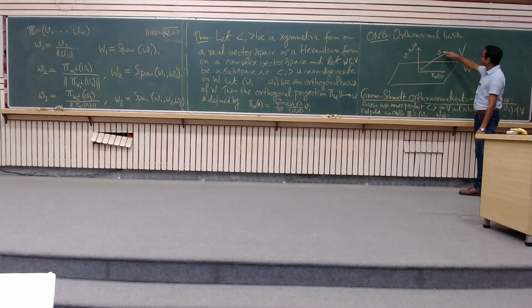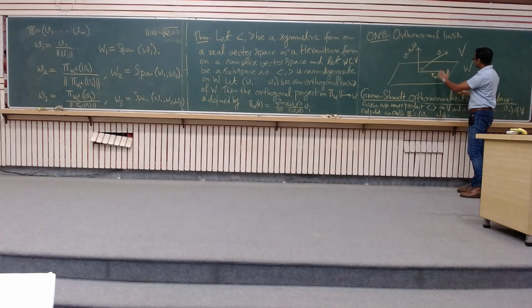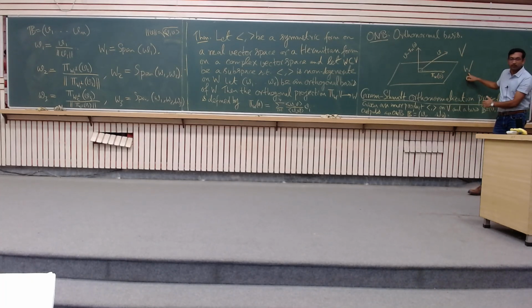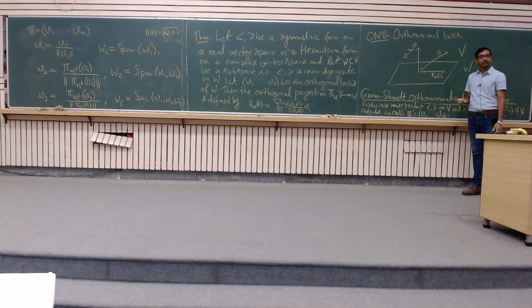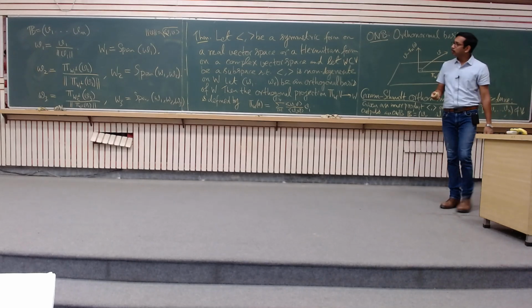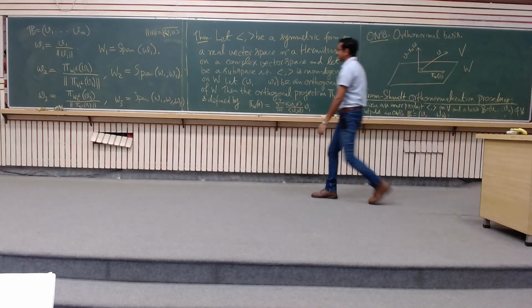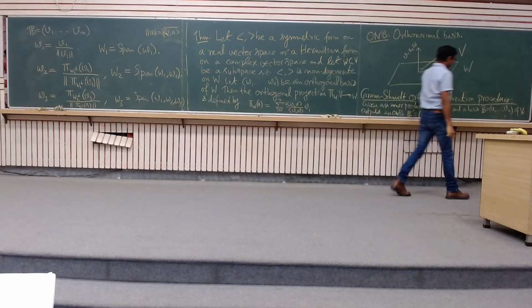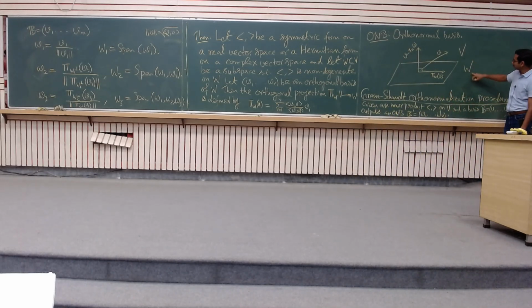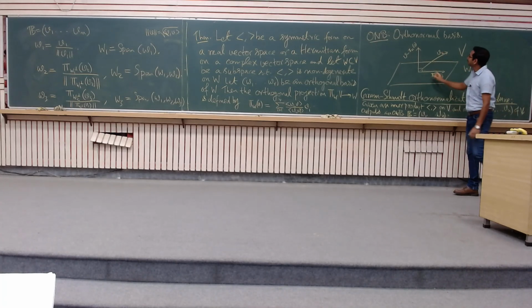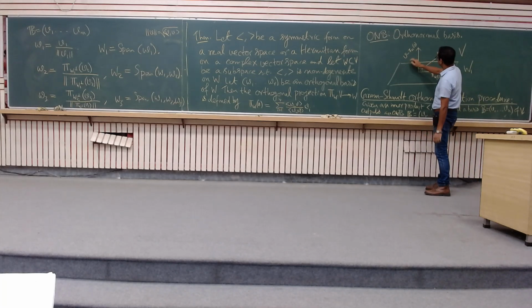You are taking v2 and projecting it on the space which is perpendicular to W1. Yes, capital W1, exactly. But this picture we are using several times, and that's why we are not writing W1 here. In the second step, this is v2, this is W1, this is pi W1 v2, and this is v2 minus pi W1 v2.